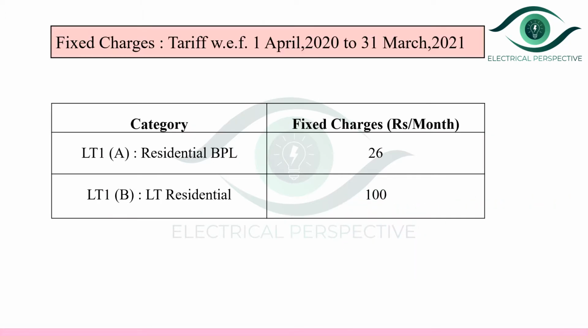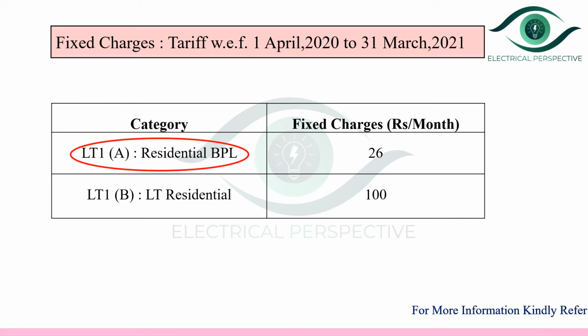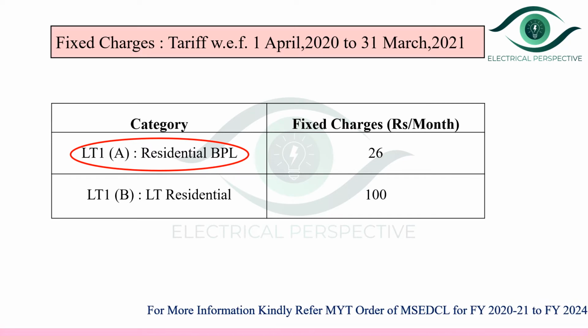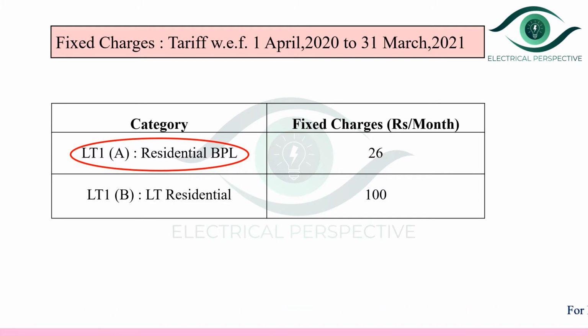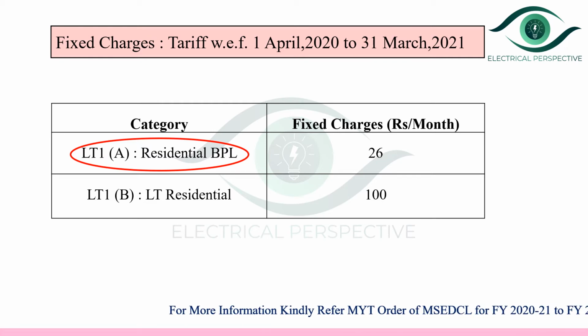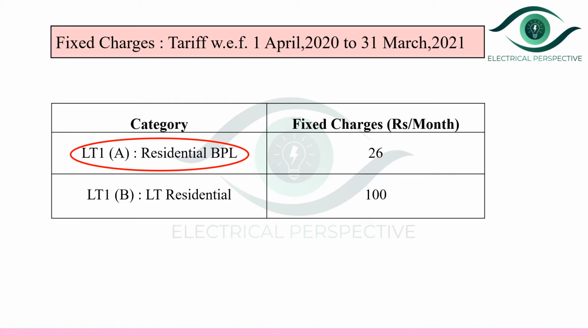Now let us see the rates of the fixed charges as per the approved tariff schedule with effect from 1st April 2020. The first category is LT1A, that is residential BPL, the below poverty line tariff category. This category is applicable to residential consumers who have a sanctioned load up to 0.25 kilowatt and who have consumed up to 360 units per annum in the previous financial year.